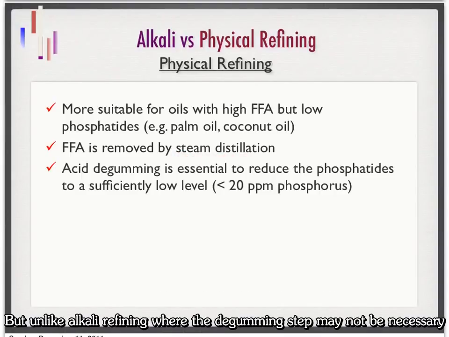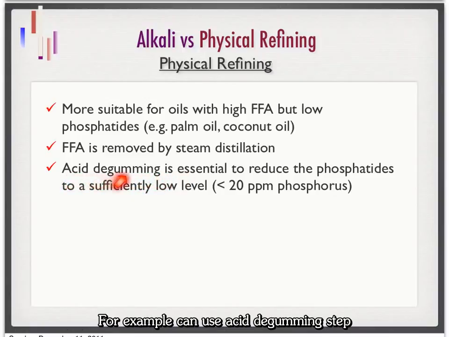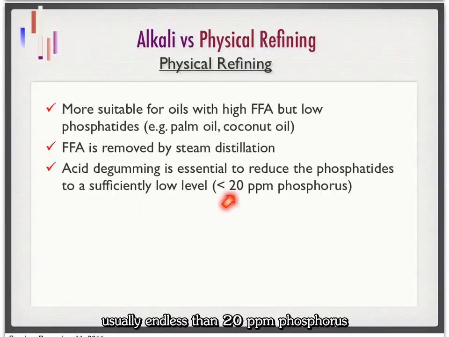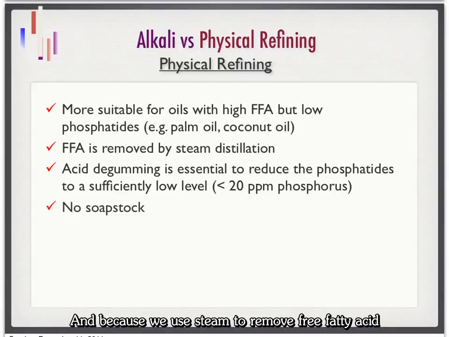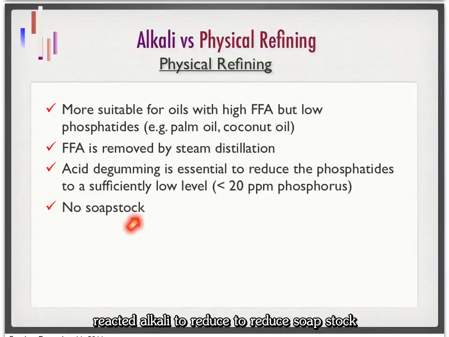But unlike alkali refining, where the degumming step may not be necessary, in physical refining the degumming step is very, very important. For example, we can use the acid degumming step to reduce the phosphatides or the gum to a very low level, usually less than 20 ppm phosphorus. And because we use steam to remove the free fatty acid, no soap stock is produced, unlike in alkali refining, where the free fatty acid is reacted with the alkali to produce soap stock.